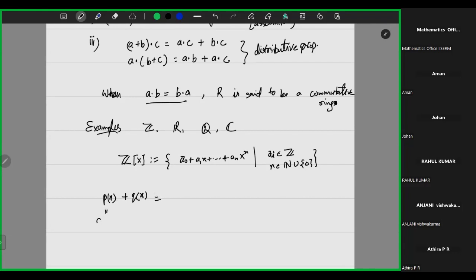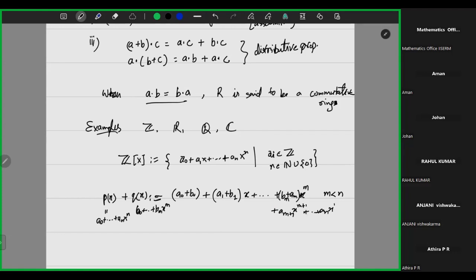So if the first one is a0 plus and so on up to an x to the power n, and the second is b0 plus up to bm x to the power m, then their addition will be a0 plus b0, plus (a1 plus b1) multiplied with x, and so on, where if m is less than n, then up to (bm plus am) x to the power m, and then a(m+1) x to the power m+1, and so on, plus an x to the power n.